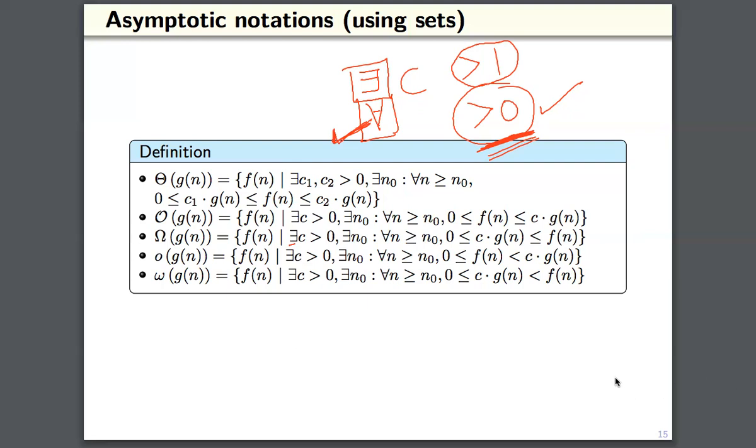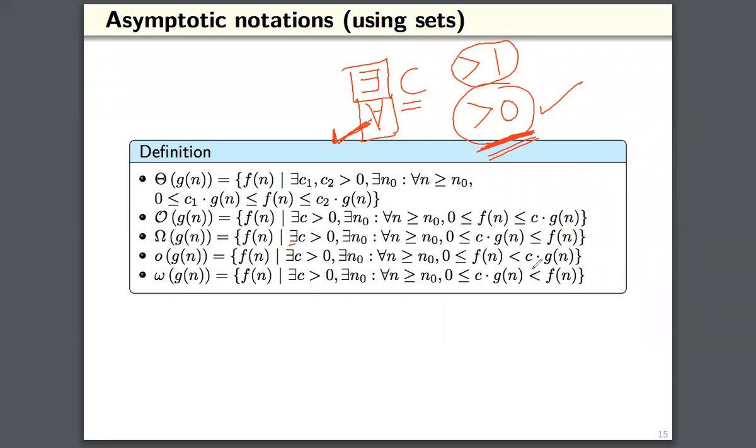But here the c can be anything between 0 and 0.5, considering the same example, and then f of n would be greater than c into g of n, right? No, I mean, if it is c greater than 0, for an arbitrary value of c greater than 0. Yeah, so if it is something like 0.00001, then f of n would be greater than c times g of n in our example, right?